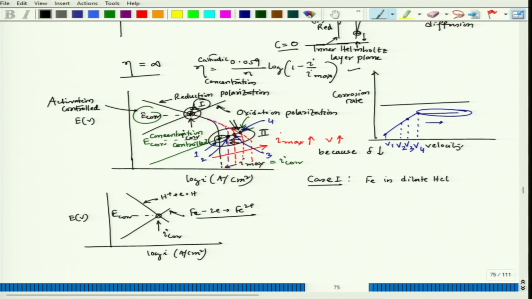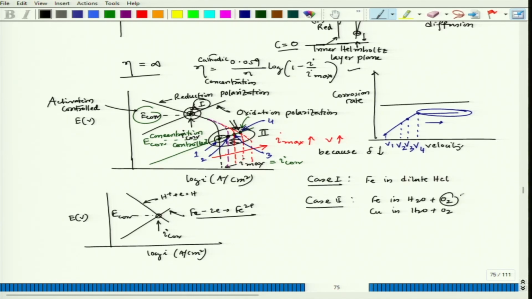Now, case 2 can happen in the case of iron in water with a very little amount of dissolved oxygen, then this particular behavior can be noticed, or copper in H2O plus O2.